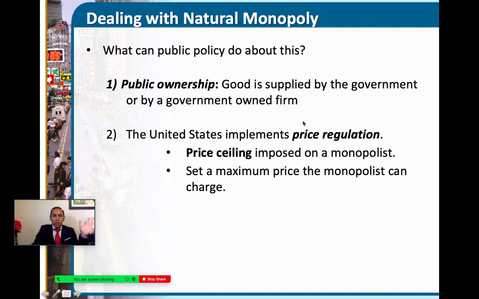Let the company run as a privately owned firm, but through price regulation, or a utility company that is a natural monopoly, through price regulation. Set a price ceiling, the maximum price the firm can charge, and no more than that. Setting the maximum price the monopolist can charge is important because it doesn't allow the firm to set a higher price but still allows them to make some profits that are a little bit less than what they would normally make.